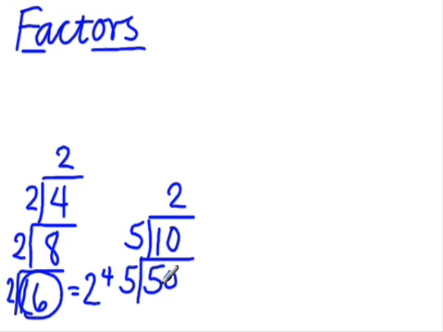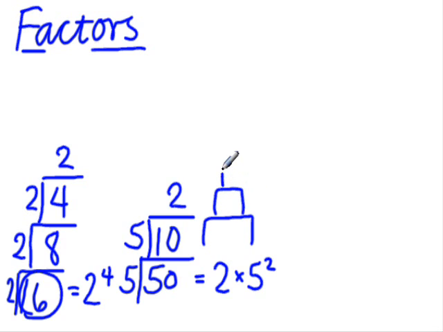So the prime factors of 50 are 5 and 5 and 2, and so we can write the prime factors of 50 as 2 times 5 squared. Sometimes what I just did here is called the upside down birthday cake, because the division signs kind of look like the tears on a cake.